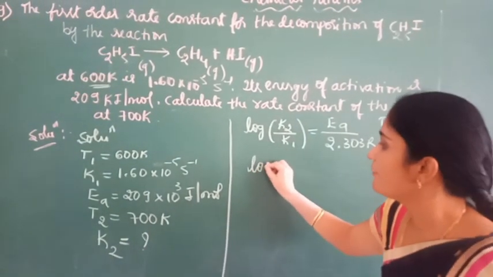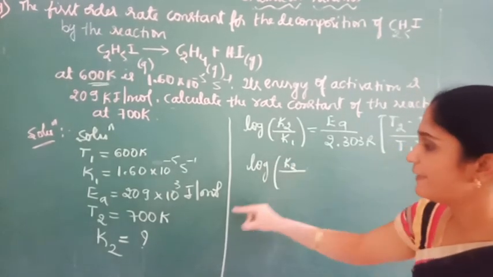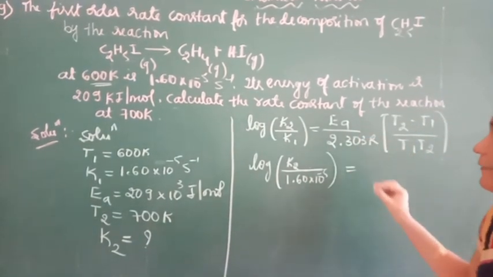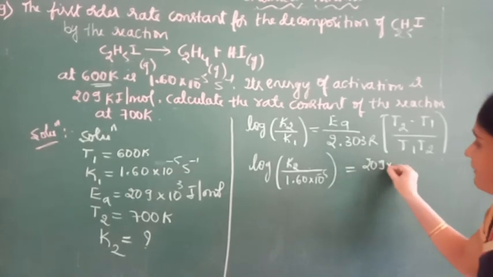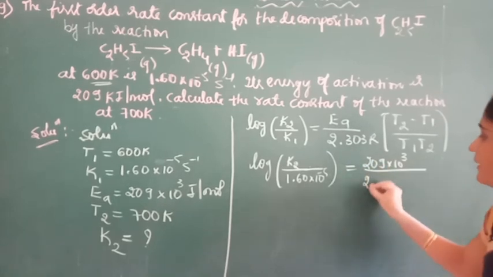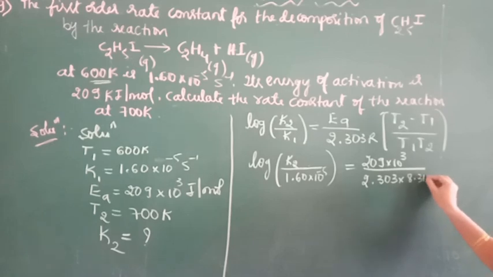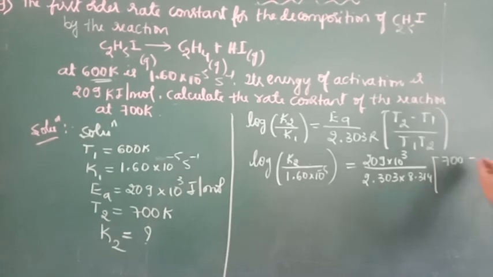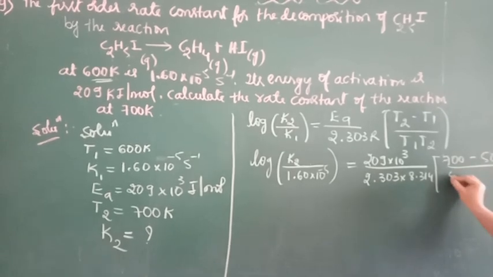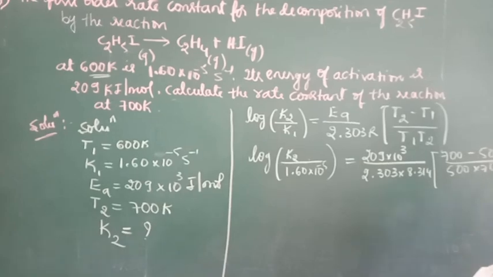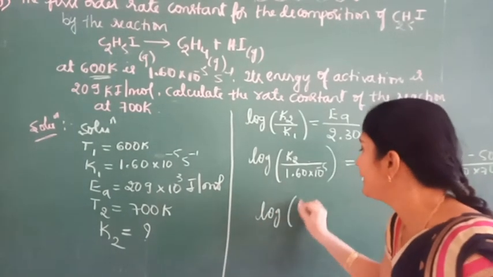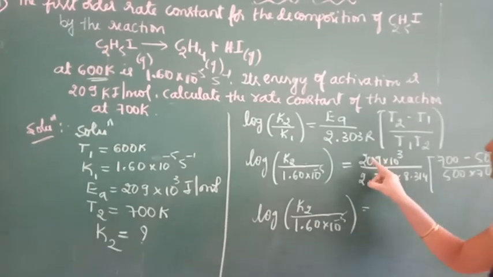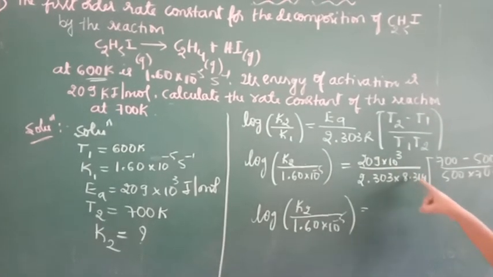So log of K2 divided by K1, where K1 is 1.60 into 10 power minus 5, is equal to EA value 209 into 10 power 3 divided by 2.303 into R value 8.314, into T2 minus T1, which is 700 minus 600, divided by 600 into 700.